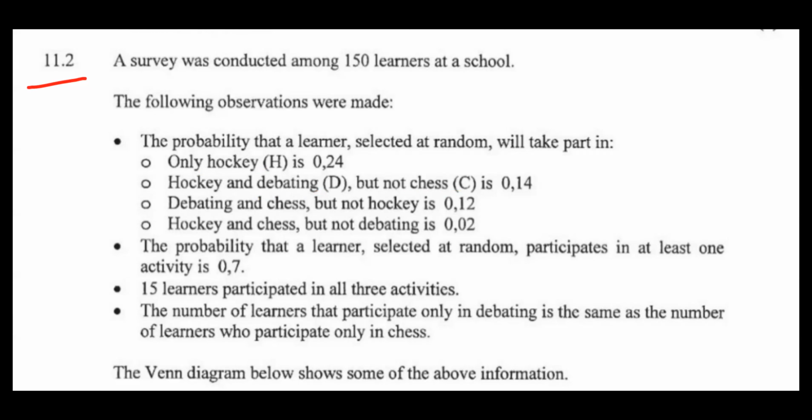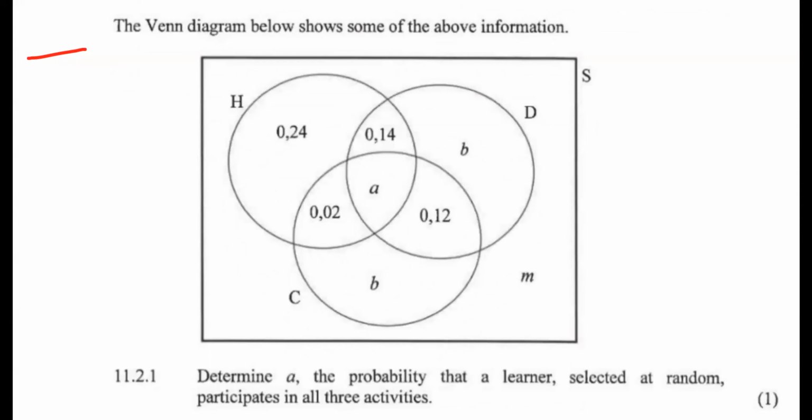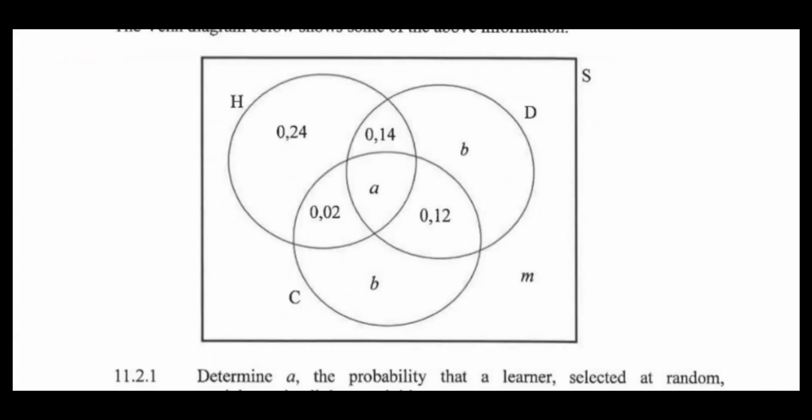Now let me go down to the Venn diagram and explain what we see, because everything they put on top is given in this Venn diagram. I want you to copy down this Venn diagram now. The big box is what you call the sample space.